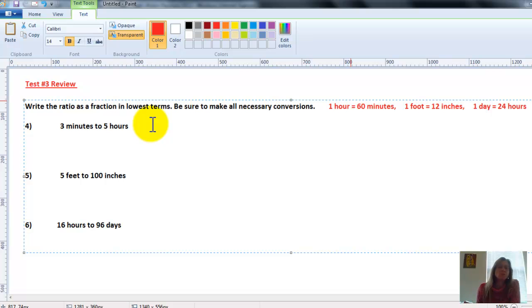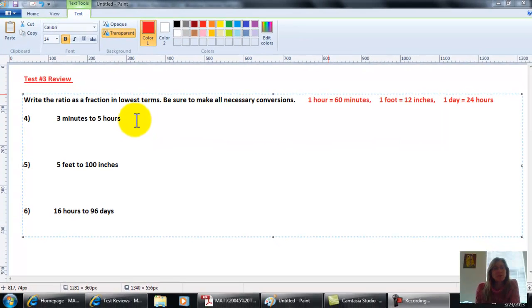So my general rule with conversions is whatever is the larger unit, and in this case hours are the bigger chunk, you change those to the smaller piece. So change your hours to minutes. And whenever you're changing the large thing to the small thing, you multiply.